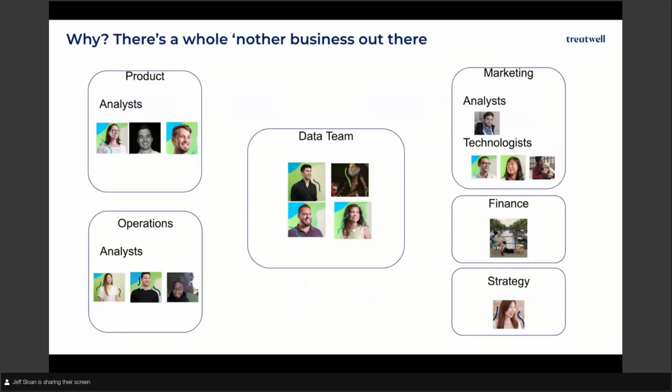We have marketing, finance, strategy, and operations personnel that are all asking business questions. And in an organization that's growing and changing and moving as fast as we want it to, we know that it's hard for a central data team to gain the context necessary to answer those questions effectively. At the moment, we have a core team of about 4 people, though we're looking to grow that. However, that's still particularly challenging.